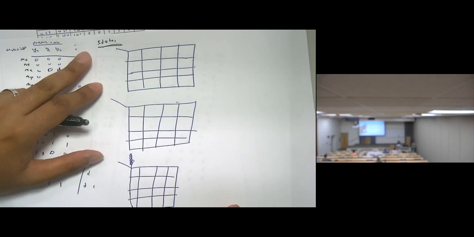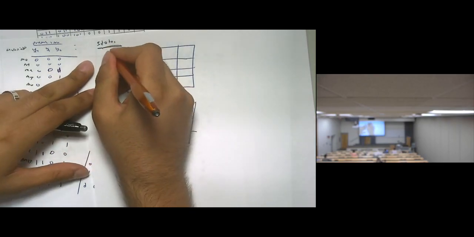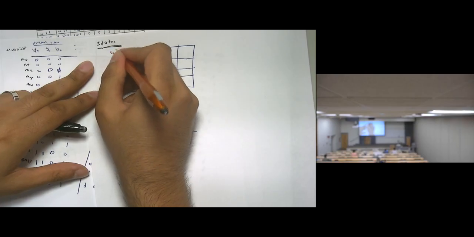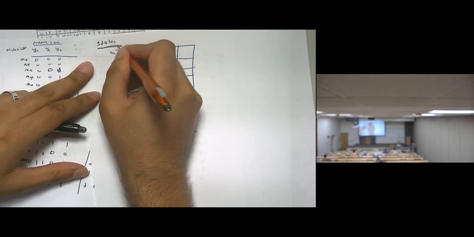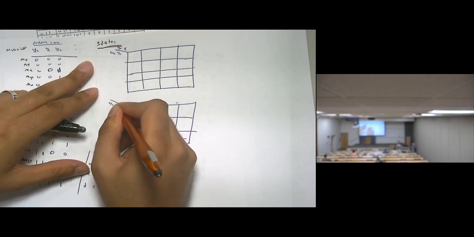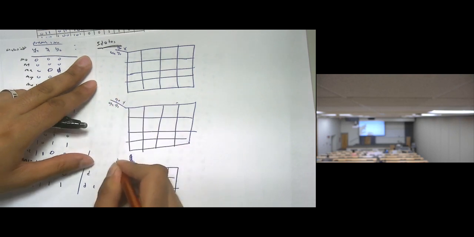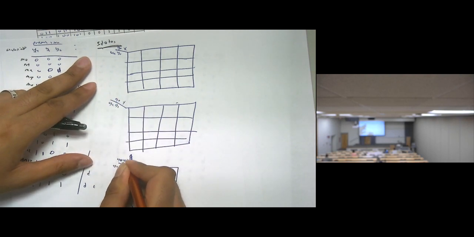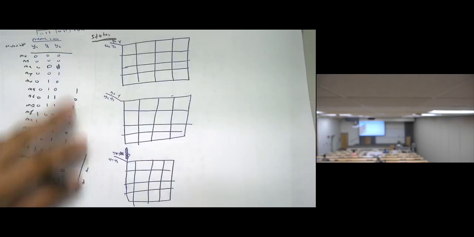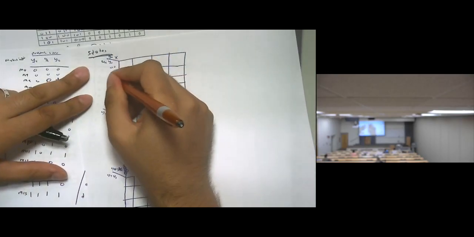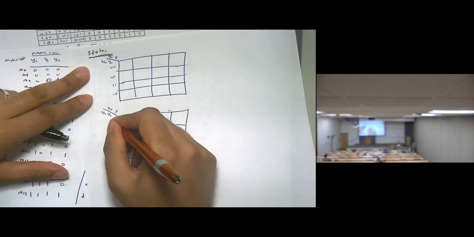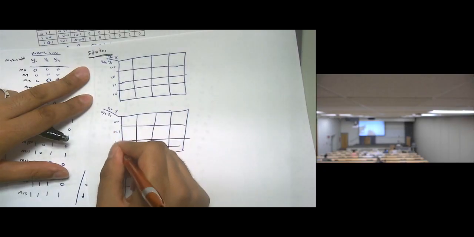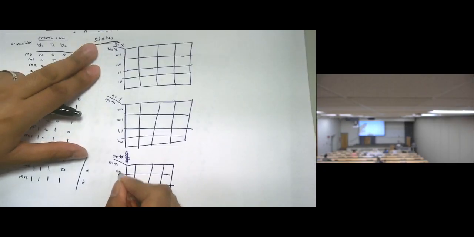Okay. And the variables are y2, y1, y0, x, for each of the maps. So here is 0, 0, 0, 1, 1, 1, 1, 0, 0, 0, 0, 1, 1, 1, 1, 0, 0, 0, 0, 1, 1, 1, 1, 0.